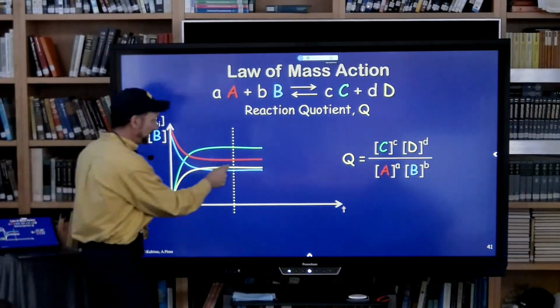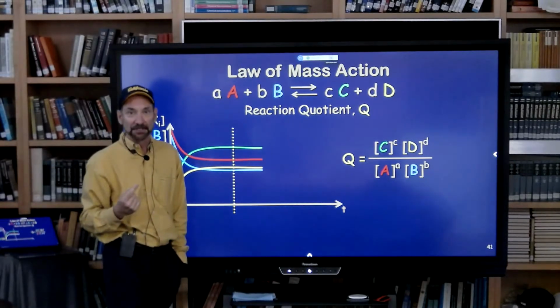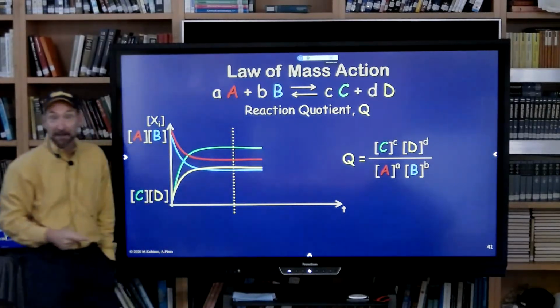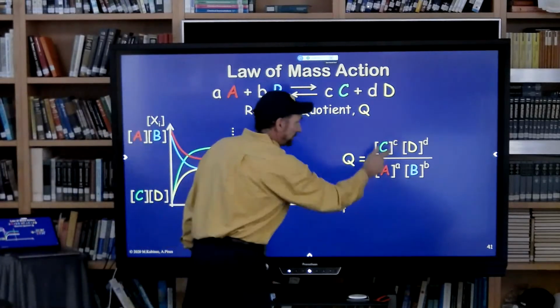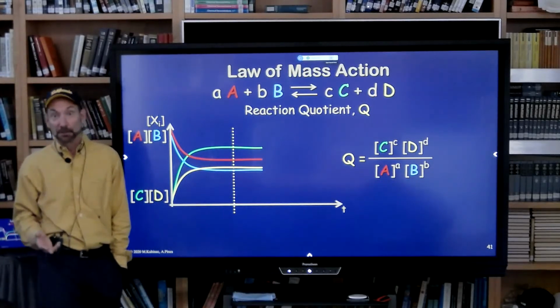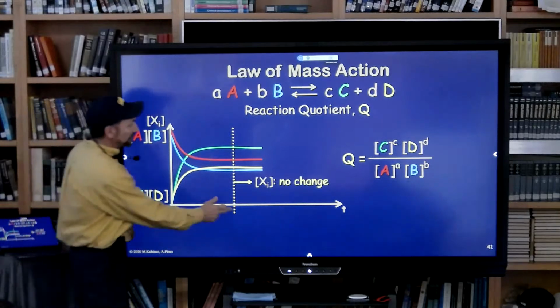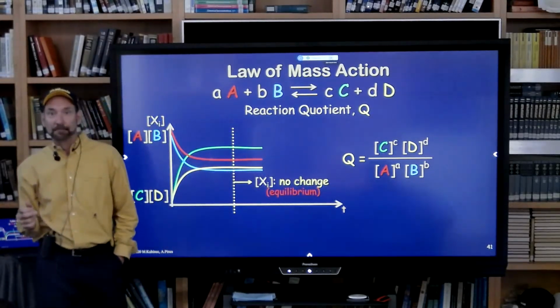But it'll get to a point where it stops changing. The concentrations stop changing. Q then stops changing. And you can measure the concentrations at that point, and you can get what that static value of Q is. The concentrations don't change. That's what we call equilibrium.